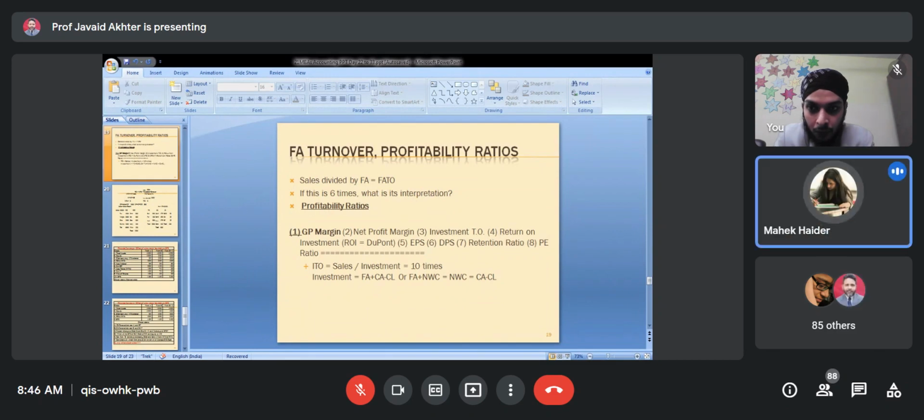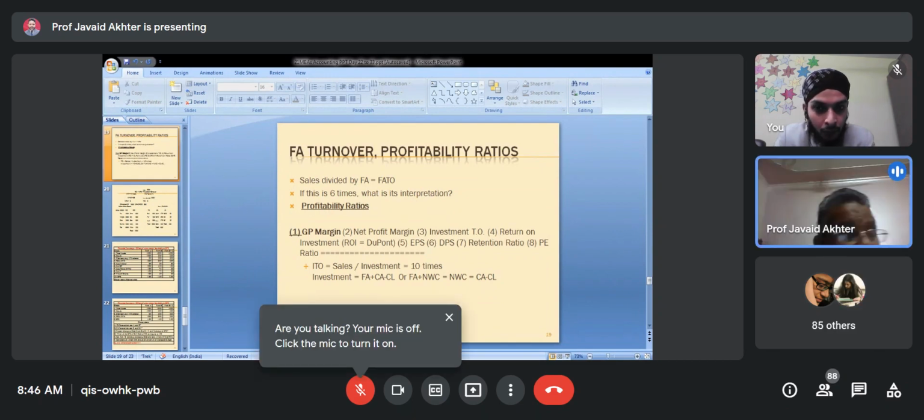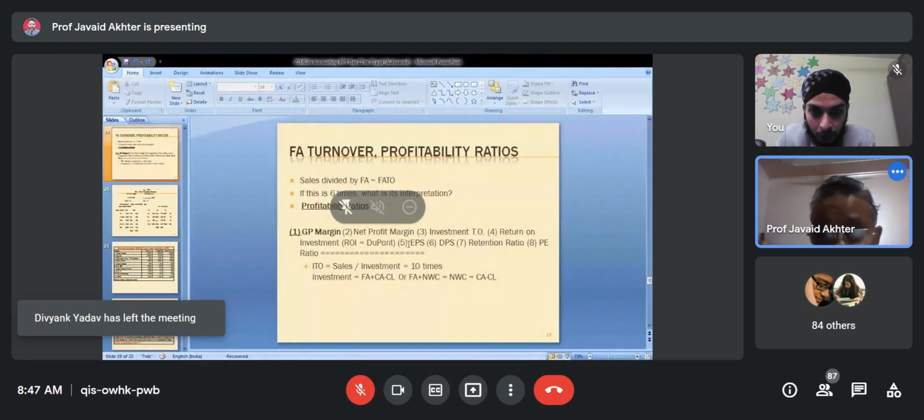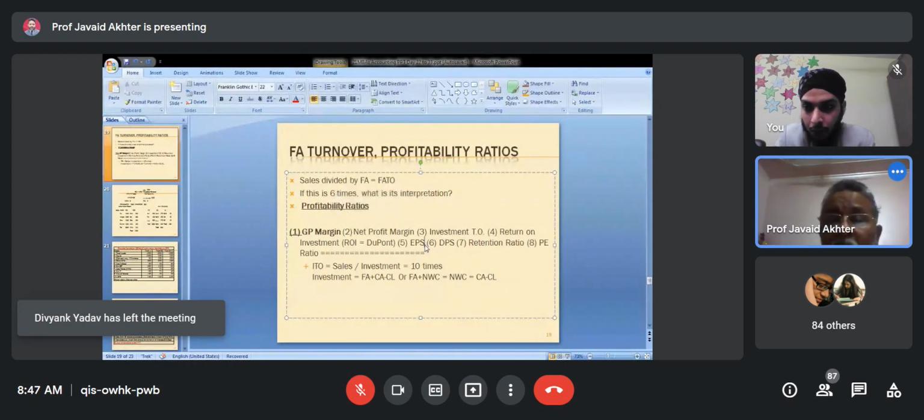Will we not study EPS, DPS? Okay, good. You have reminded. Fine. Time is good enough to complete them. Under profitability ratios, there are more, as I mentioned in this slide, serial number 5. EPS stands for earning per share.